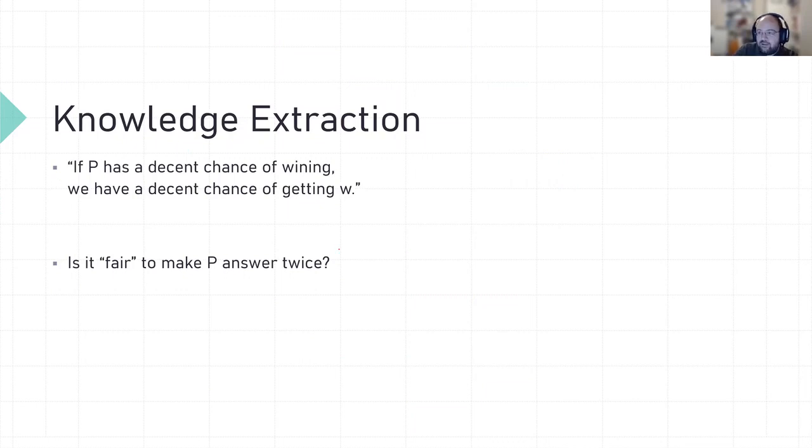So again, we get into this question of whether it's fair to make the prover answer twice. And inside the thought experiment of a proof, it is fair to make the prover answer twice, because if the prover is just playing games by himself, or if the prover is able to answer twice, then he's also able to carry out this extraction process we described. But the protocol does not force him to answer twice, because if he did answer twice, then the verifier could actually get the secret.